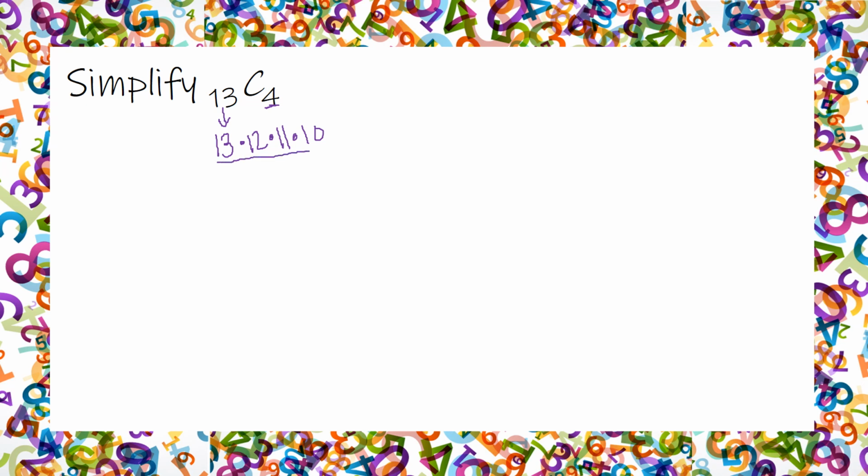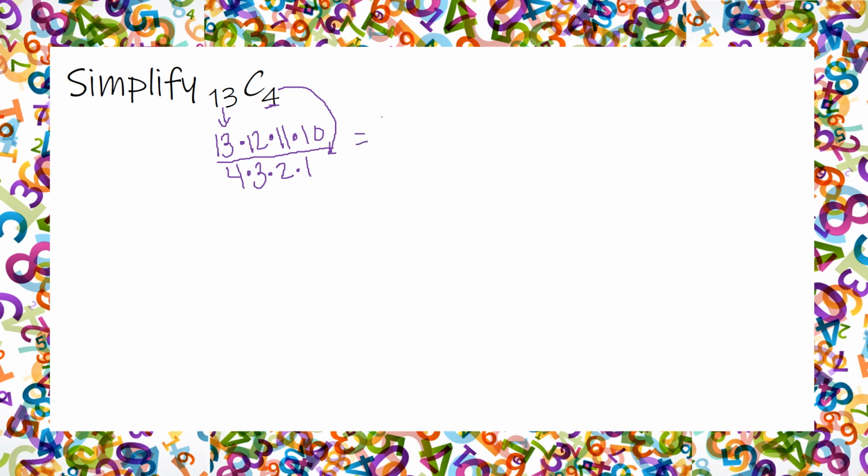So that's our first step. Then the added step with combinations is that we take this 4 and we're going to do the 4 factorial on the bottom. 4 times 3 times 2 times 1. So on the top, you have 13 times 12 times 11 times 10.